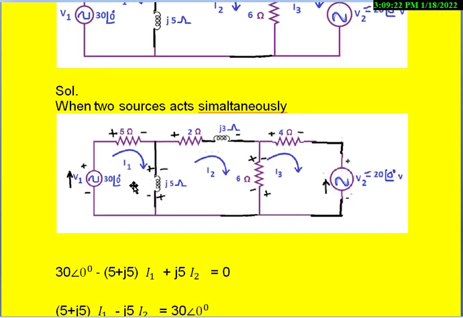As per the current direction, let us give the voltage polarity across each element. For this one, this is plus and this is minus, because the current enters here. Similarly here, I1 enters this element, so this is plus and this is negative.